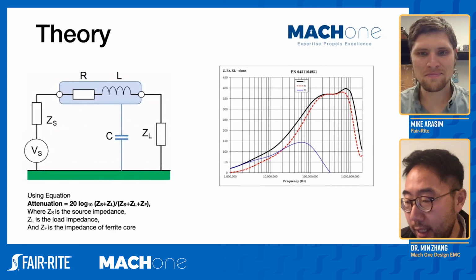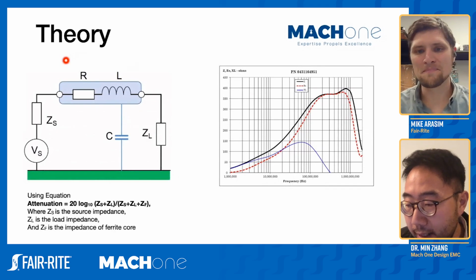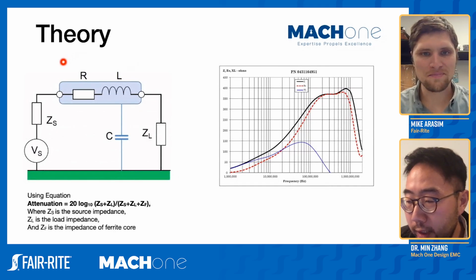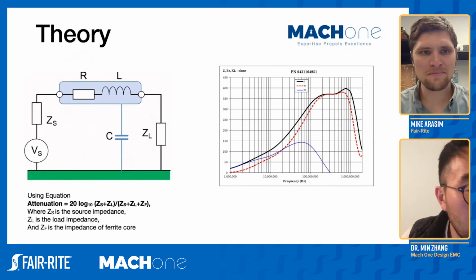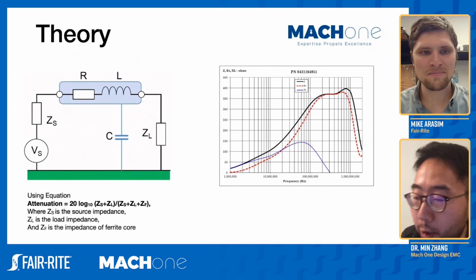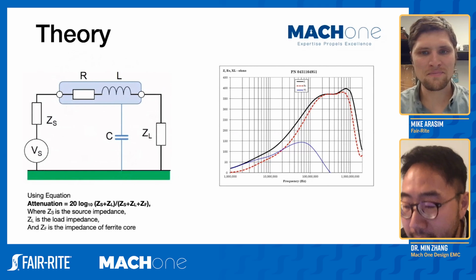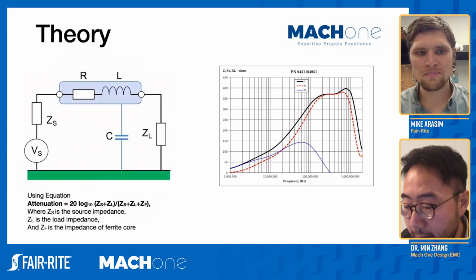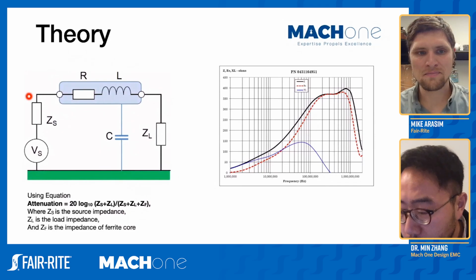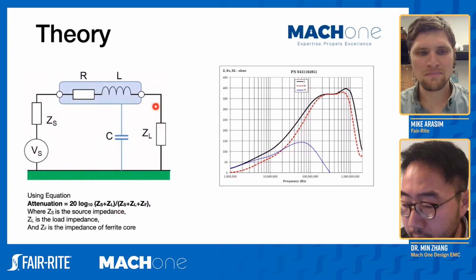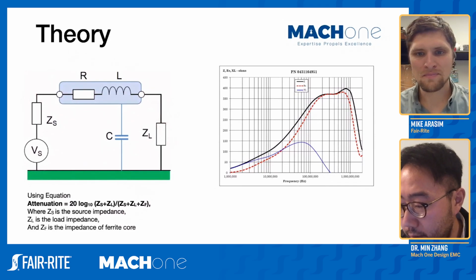As you can see in this slide, if we treat this RLC as a simplified model for our ferrite core material, then you can see that the attenuation based on this equation here really depends on the source impedance and the load impedance.